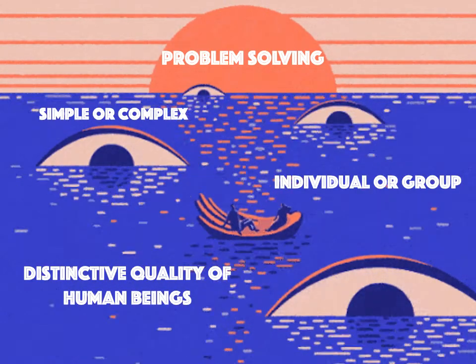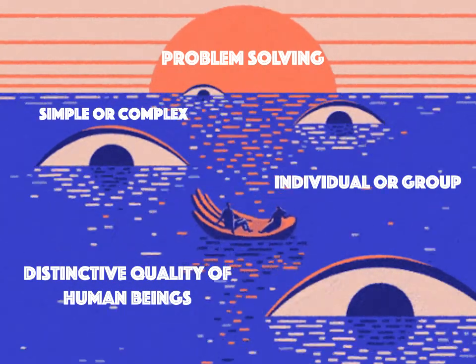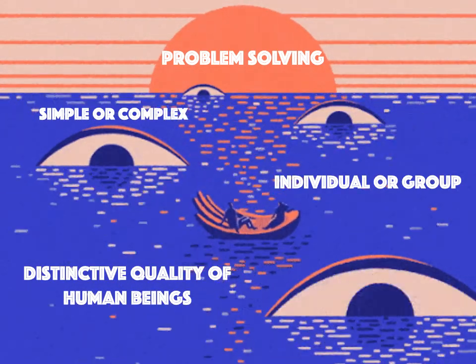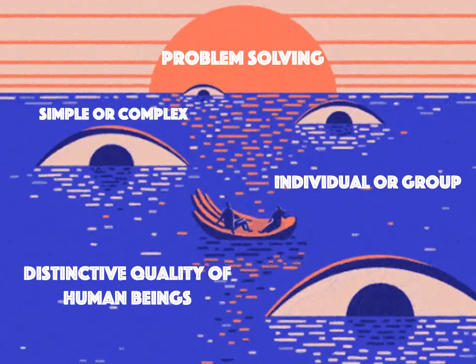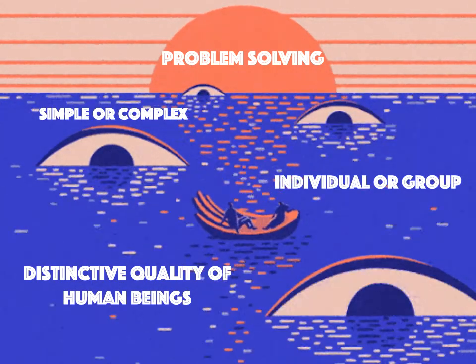The thing with problem solving is that how people solve problems actually depends partly on how we understand the nature of the problem. However, regardless of whether it's simple or complex, whether we solve problems individually or as a group, our problem solving skill is regarded as a distinctive quality of human beings.